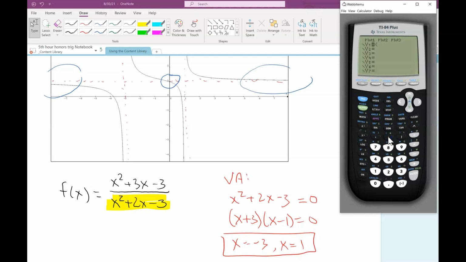So what I'm going to do is use my calculator here. I'm going to type in my function, and I'm going to make sure that I put parentheses around the entire numerator and the entire denominator.